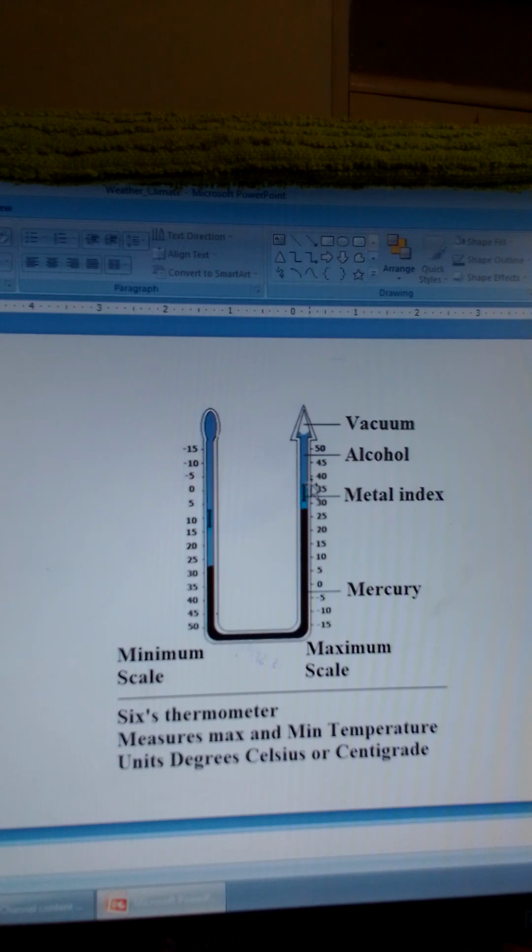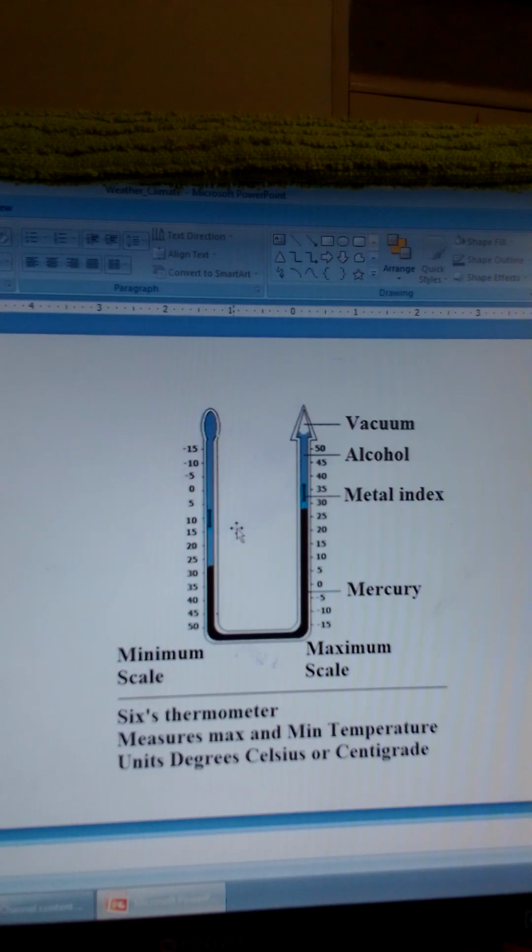When temperature drops, this alcohol will contract, and so the mercury will move down in this arm and up in this other arm. As it moves up here, it will push this index upwards, which will be used to indicate the lowest temperature or the minimum temperature.